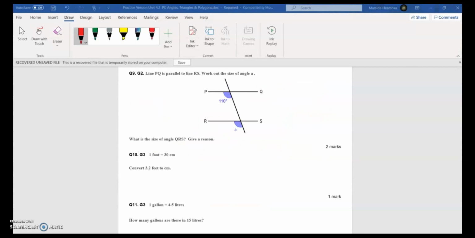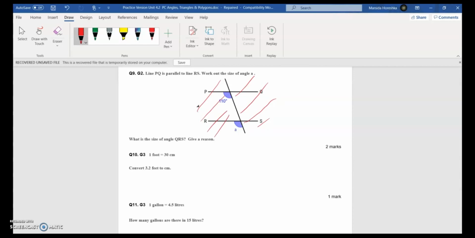Line PQ is parallel to line RS. Work out the size of angle A. So we have these two parallel lines and a line that cuts through them, the transversal. Now we can look at these as rooms, for example, or sections, divisions of different places, and we've got this side which is on the right and this on the left of the transversal.